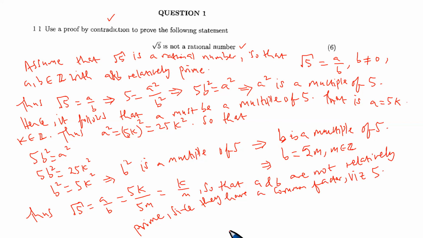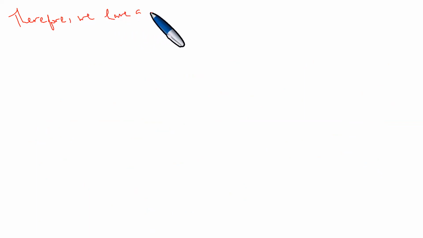So we made an assumption, and the assumption actually led to this contradiction. Therefore, we have a contradiction.